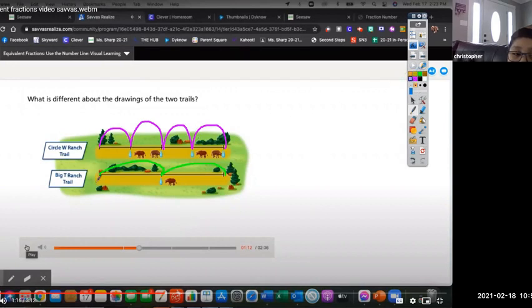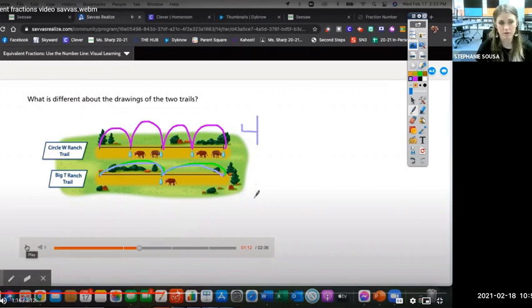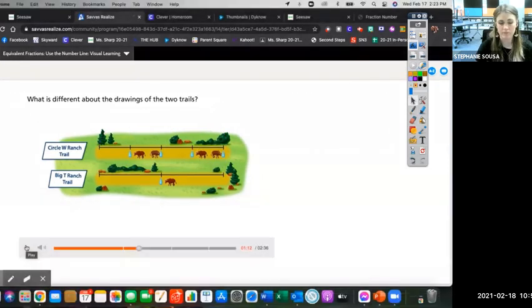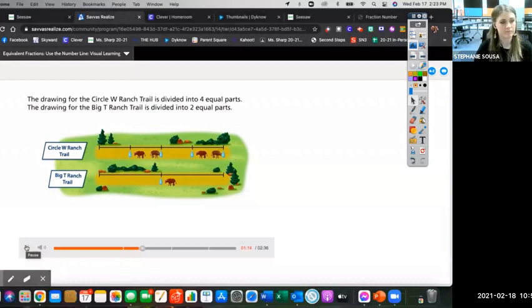We can see that this splits the number line into fourths and into halves. So our unit fractions are different. The drawing for the Circle W Ranch Trail is divided into 4 equal parts. The drawing for the Big T Ranch Trail is divided into 2 equal parts.